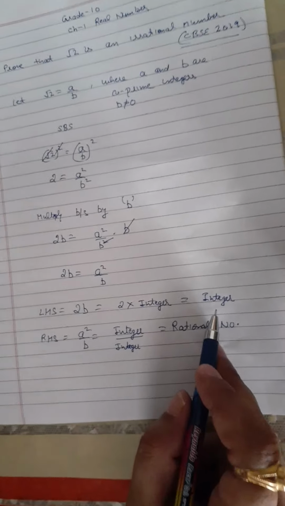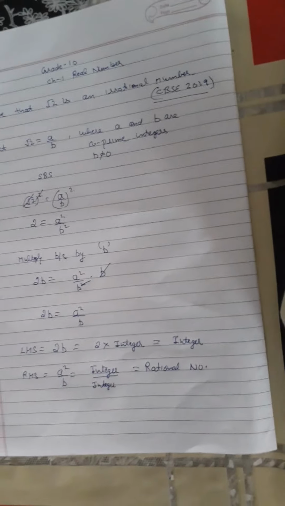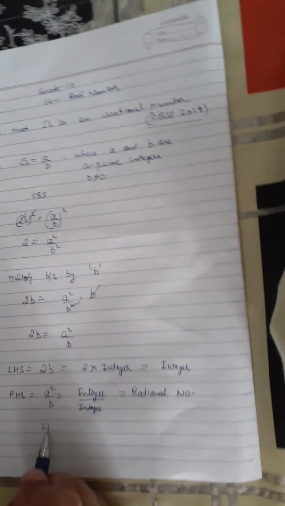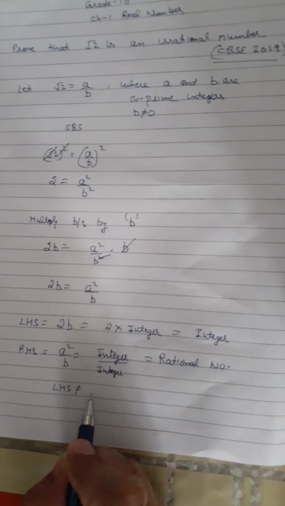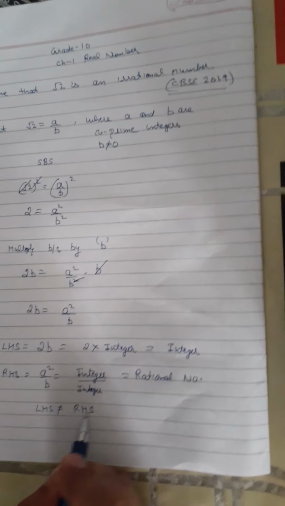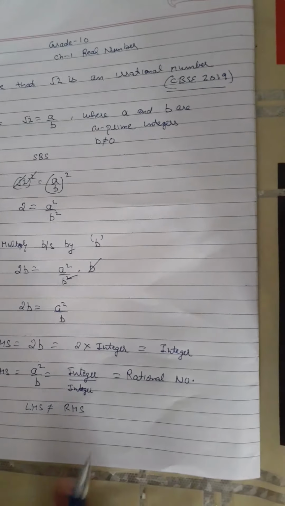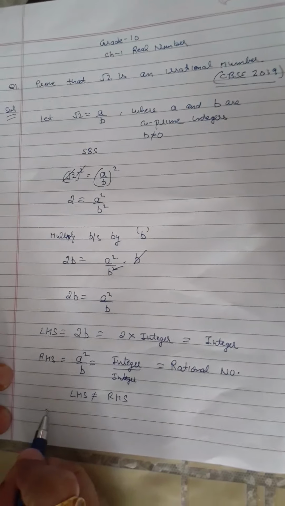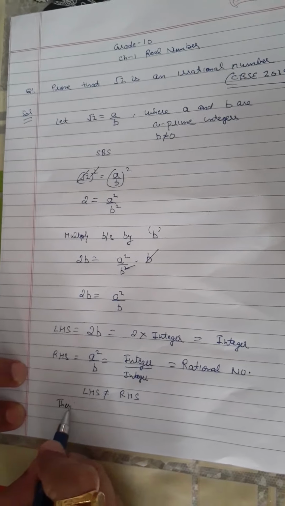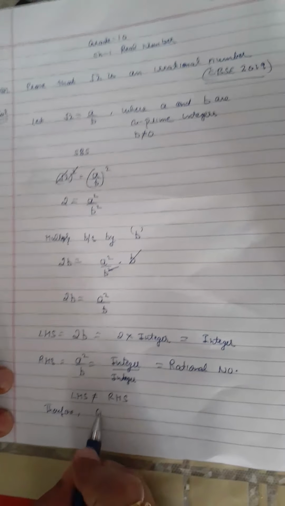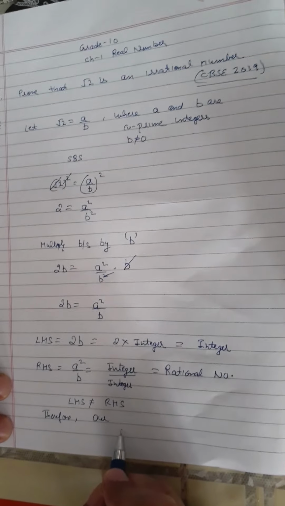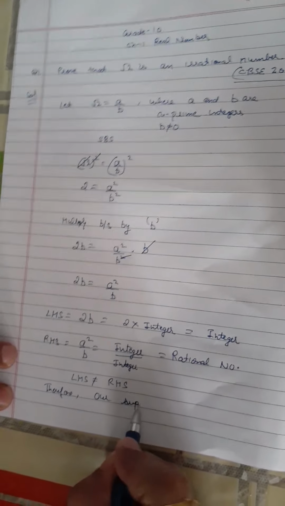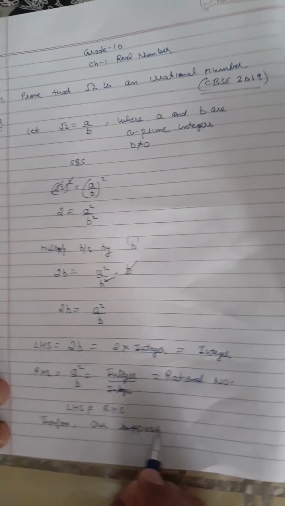So on the left hand side you have an integer. On the right hand side you have a rational number. So an integer cannot be equal to a rational number. So the left hand side is not equal to the right hand side. Therefore our supposition is wrong.